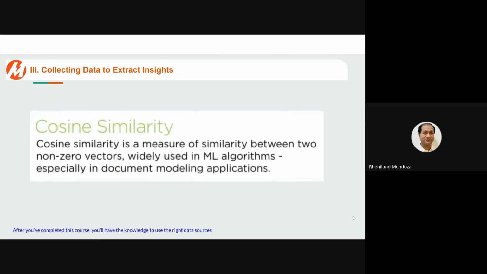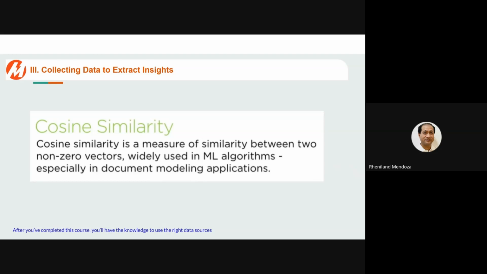Okay, let's talk about cosine similarity. Often in machine learning techniques, you need to know how similar two data points are. How similar those vectors are.